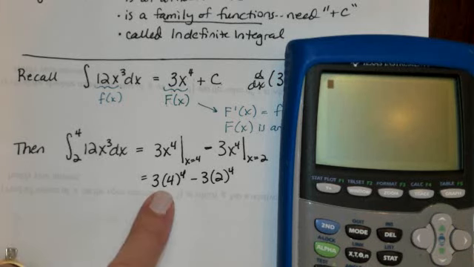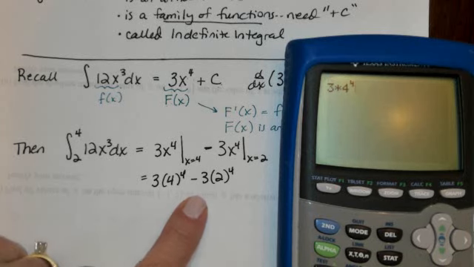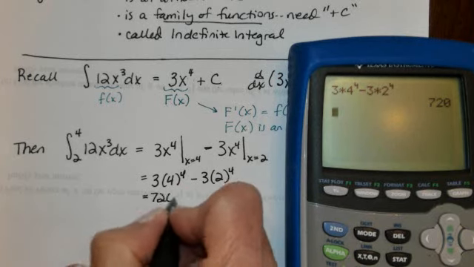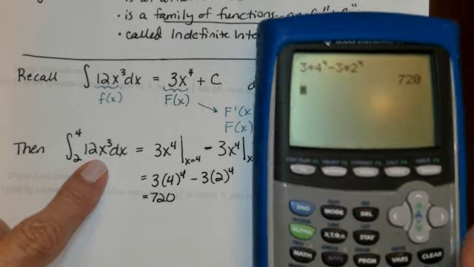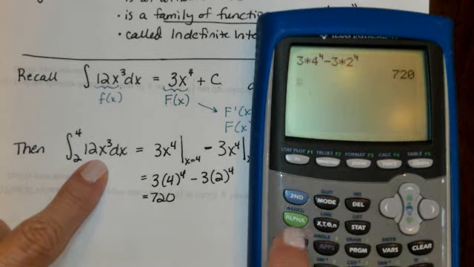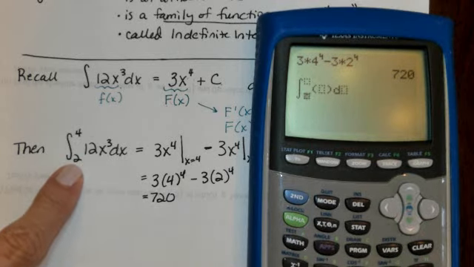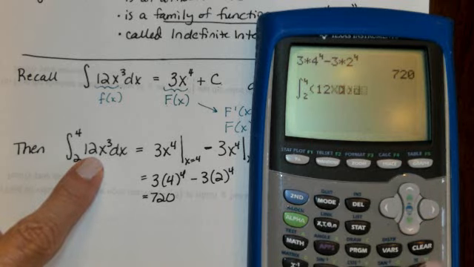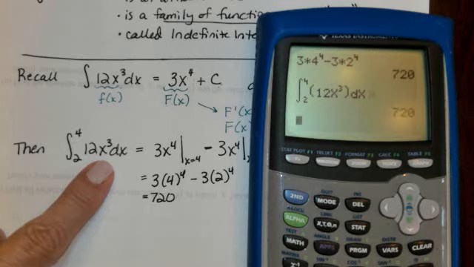So if we did this 3 times 4 to the 4th minus 3 times 2 to the 4th, we get 720, right? 720. And then if we do our math 9, from 2 to 4 of 12x cubed dx, we get 720. All right?